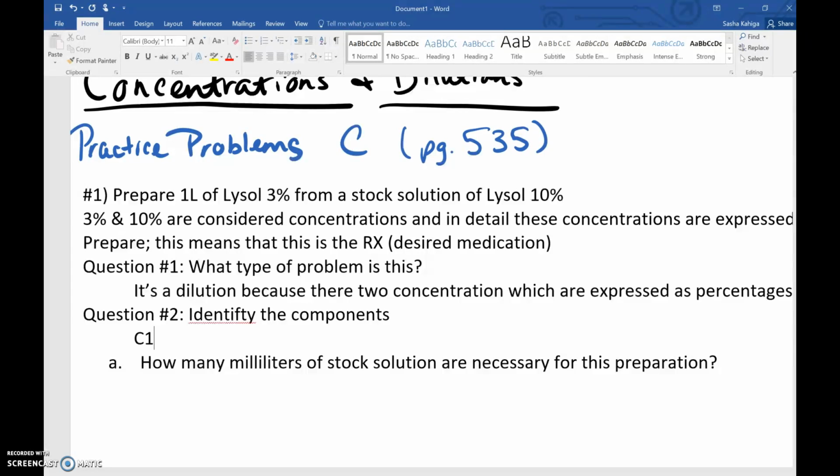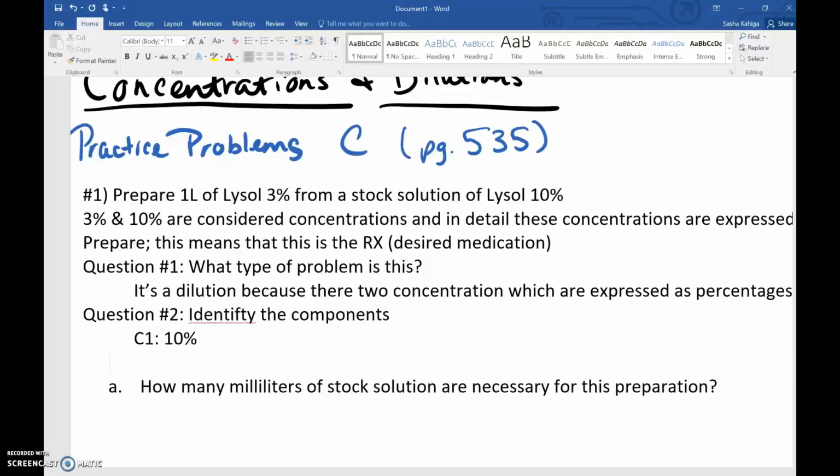C1, which is your stock concentration, which is always your highest, is going to be 10%. Your Q1, which is the stock quantity, in this case you don't know what it is.